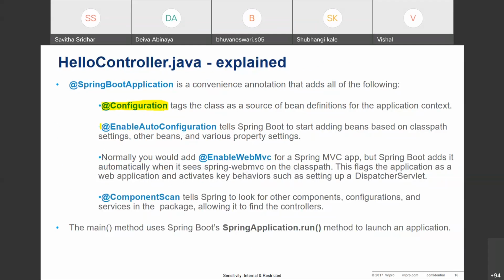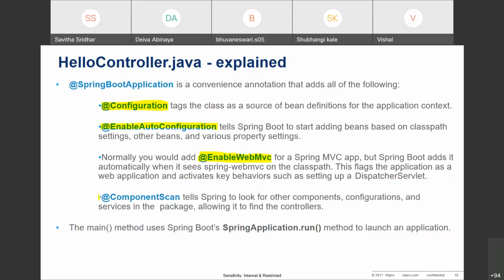Yeah. You might want to use one annotation called @EnableAutoConfiguration, where you are telling Spring Boot to start adding all the beans based on the dependencies and based on the class path settings and other bean definitions. Plus, if you want typical web MVC related functionalities to be enabled, we use another annotation called @EnableWebMvc.